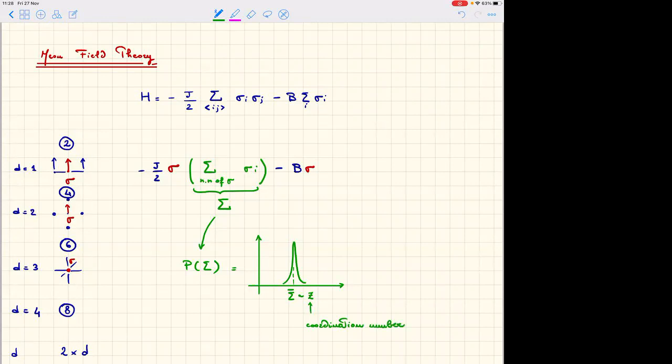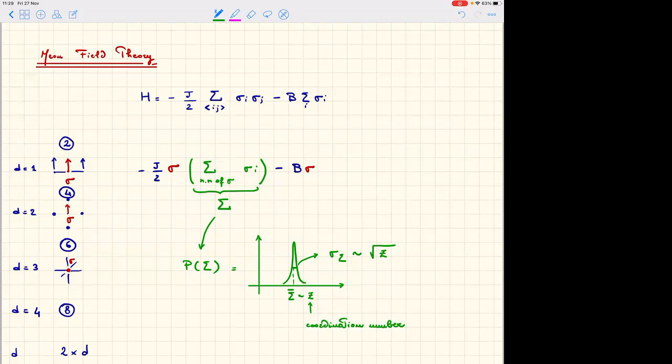And then you are going to have the width of this distribution, delta sigma, which goes like the square root, is actually proportional to the square root of z, the coordination number itself, or in other words, the number of nearest neighbors to one lattice site. Why? Because what we are essentially applying is practically the central limit theorem, right?